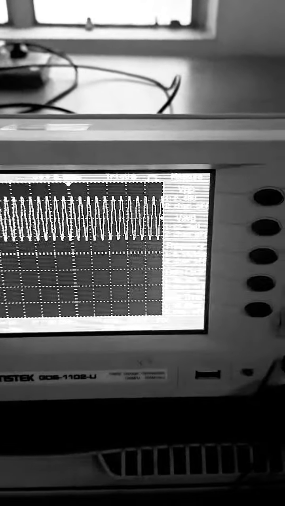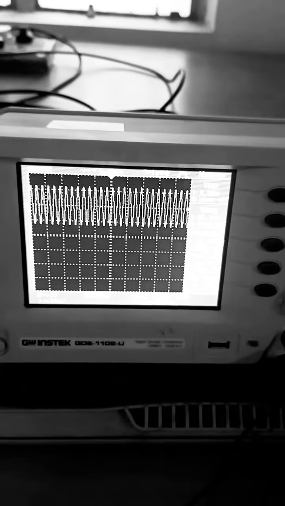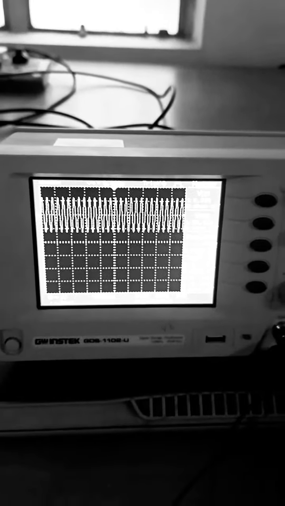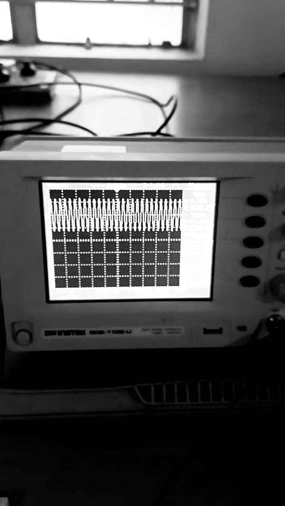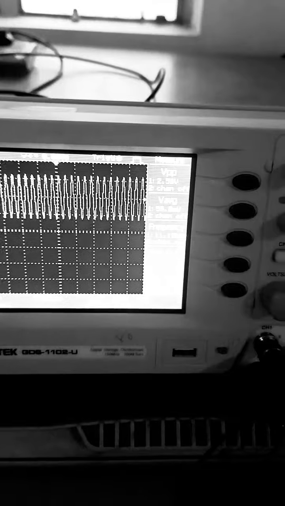Similarly, I'll go on incrementing the frequency, and each time I'll note the output voltage. These frequency values will go on incrementing, and after one point the voltage gain will be constant.